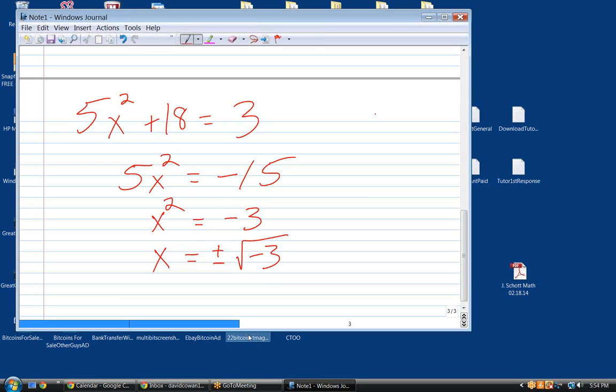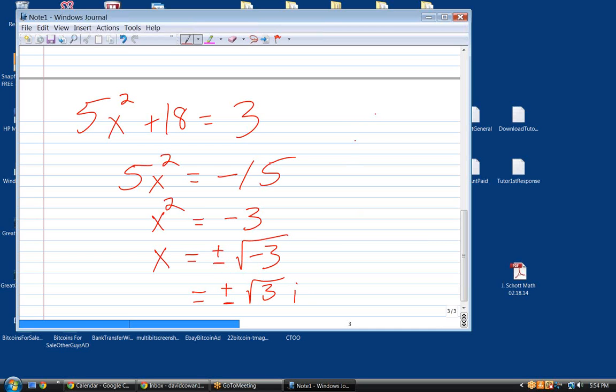So in terms of i, what is that? The square root of negative 3 is the square root of 3 times the square root of negative 1, which is i.